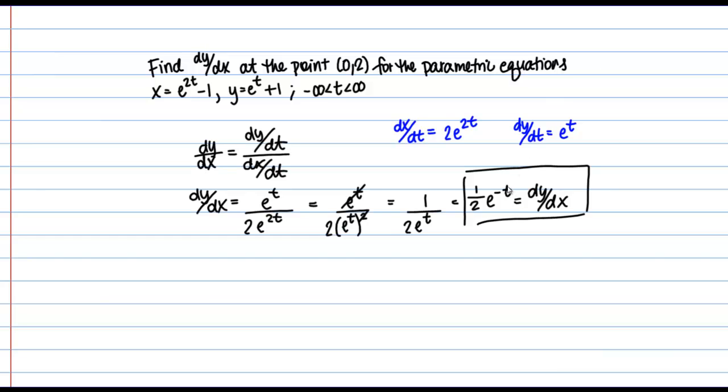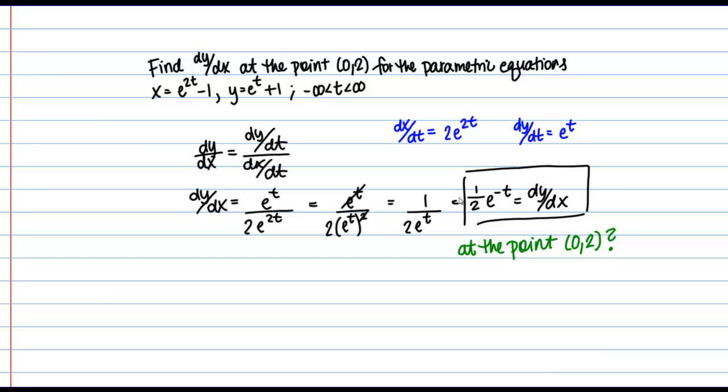So for any t value that I plug in here to dy/dx, this would give me the slope of the tangent line on the xy graph of these parametric equations. But we're not quite done yet because I'm specifically asked to find dy/dx at the point (0, 2). So (0, 2) is an xy point, right? 0 is my x value, 2 is my y value.